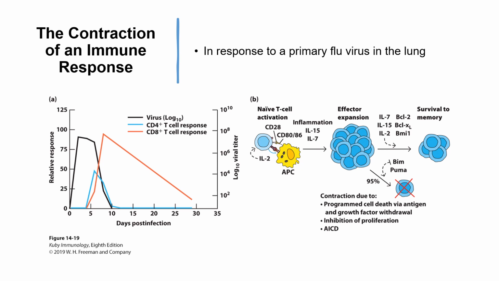But then you'll see a stronger CD8 positive T cell response. And this is in response to a viral infection. CD8 positive T cells are really necessary for clearing virus infections because they're the ones that have the ability to kill infected target cells based on MHC class 1 presentation of antigen.